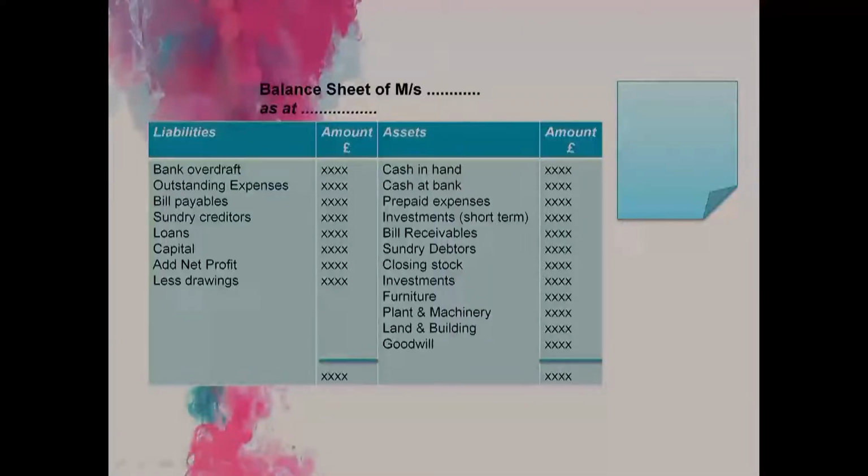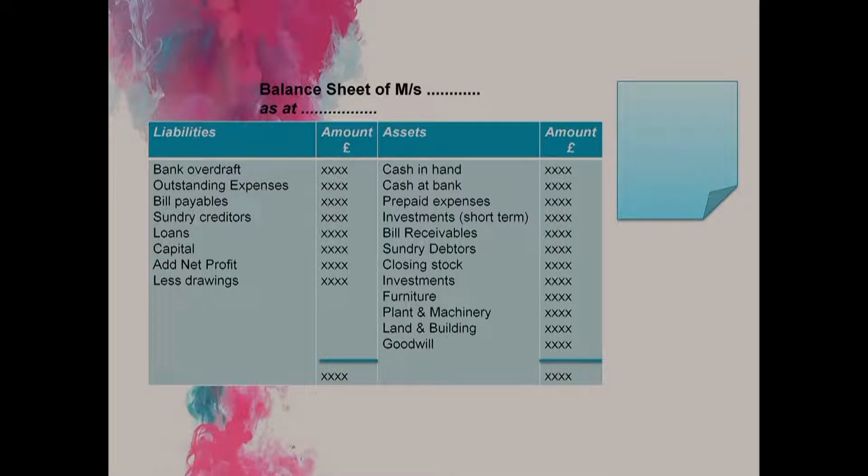So this is the order that is followed in the permanency order. Now see, what order is this? Now you have to tell me. You see here cash in hand is written first, then cash at bank, then the next thing you can liquidate is the prepaid expenses, because that you've already received. Then investments, bills receivable that you have to get, the sundry debtors, closing stock, furniture, and then plant and machinery.